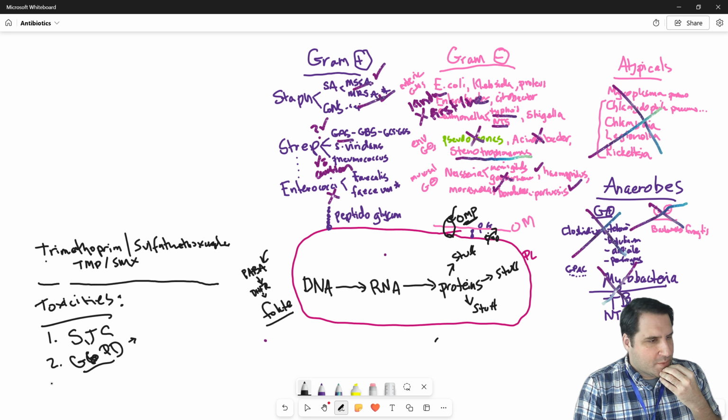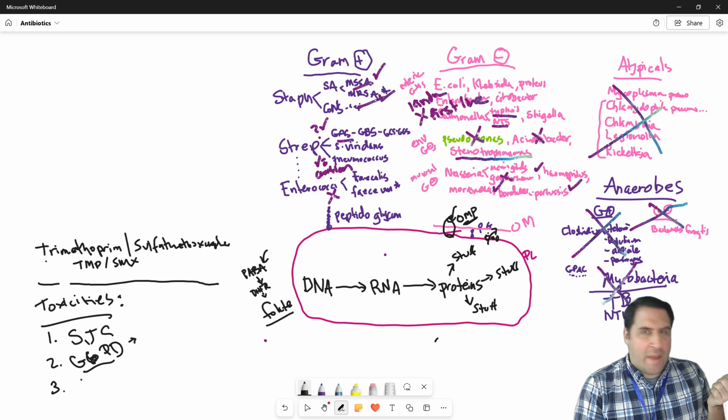Let's see, what else? Another common thing you might see is people want to say renal toxicity, but it's not actually the most toxic in terms of nephrotoxicity. But remember, how does creatinine get excreted?